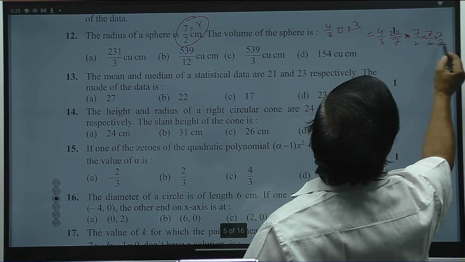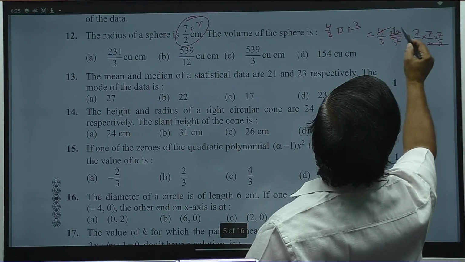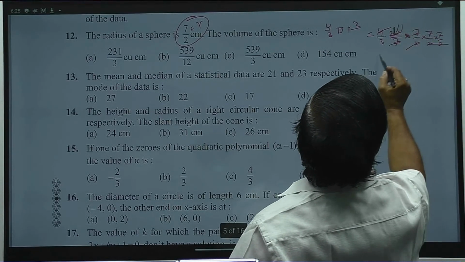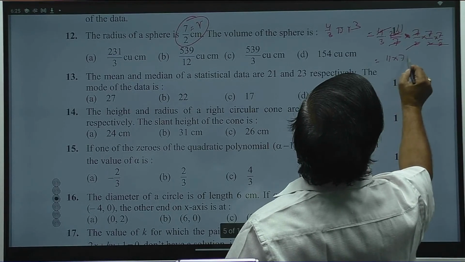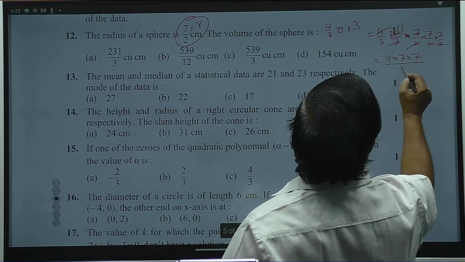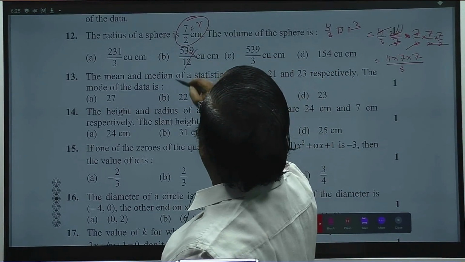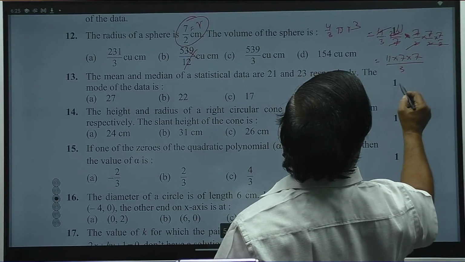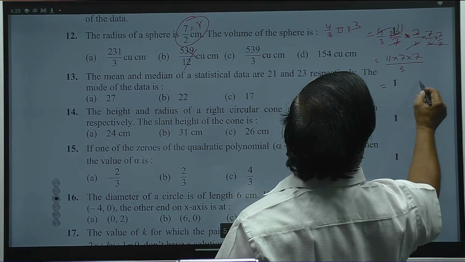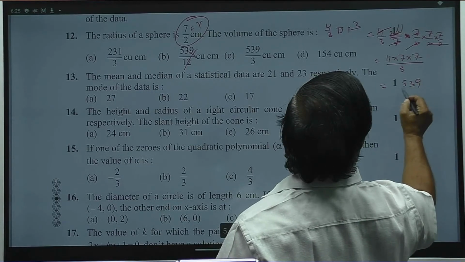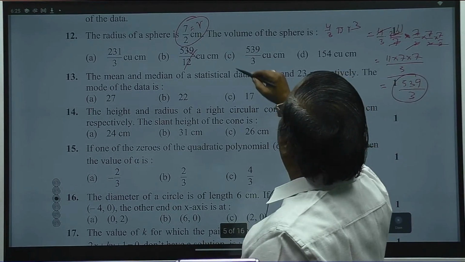So 2 2s and 4 will get cancelled. The 2 in 22, 11 times, cancel, 7 and 7 cancel. So on the top 11 into 7 into 7 by 3. So 539 by 3 is the answer.